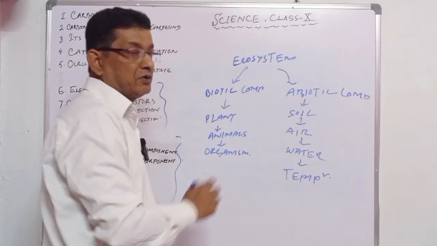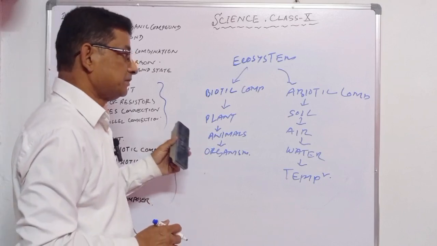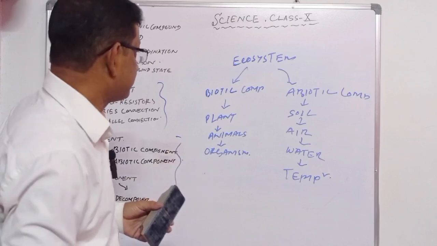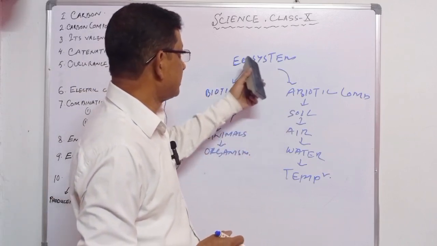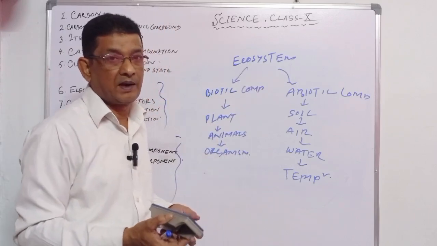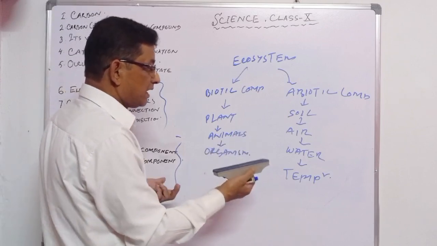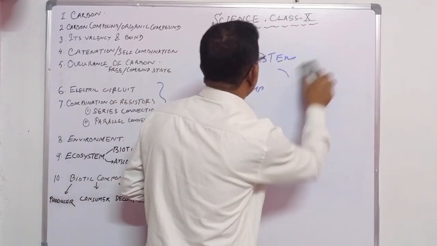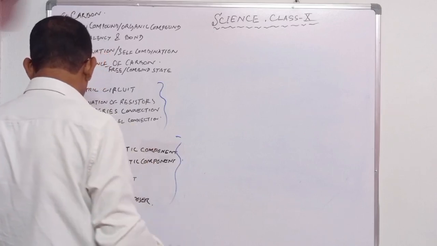These are abiotic components which are very important for any life, whether it may be plant or animal, to carry out their life activity. So together the biotic and abiotic components form an ecosystem. It may be a river. There are different types of plants and different types of aquatic animals with soil, air, water, temperature, etc. So they depend on each other for their life processes. So this is about the biotic and abiotic component.